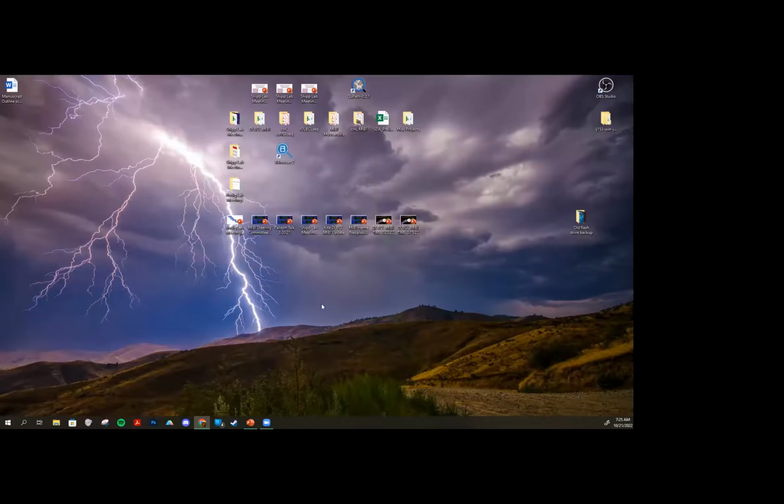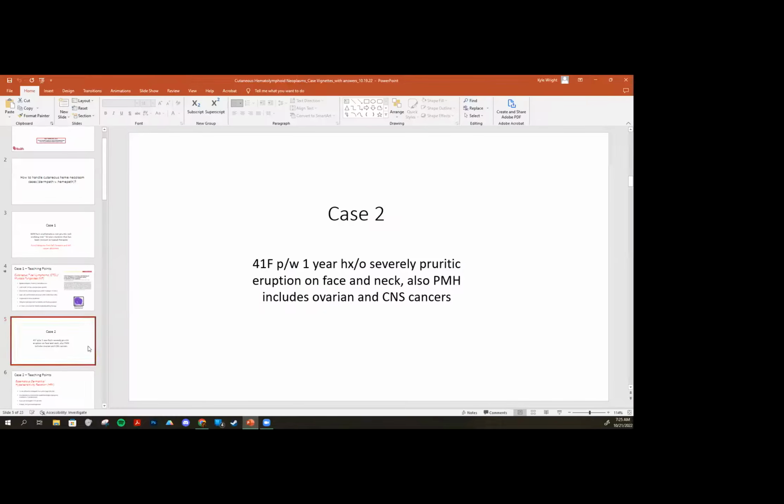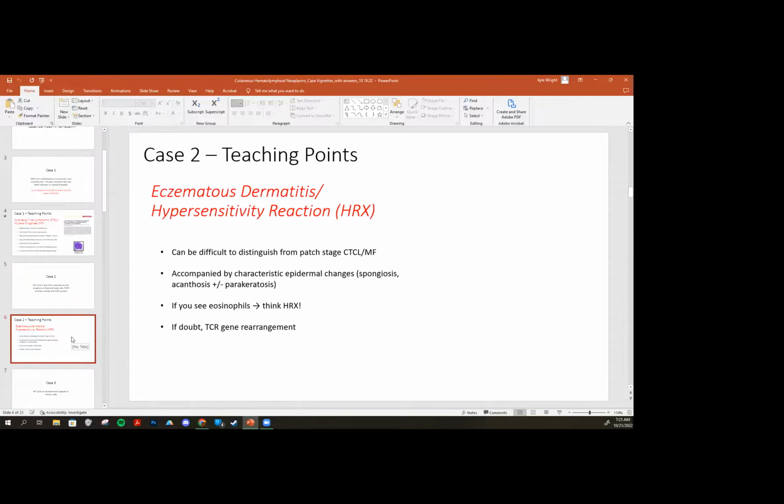And this is very much a classic case of eczematous dermatitis or on the spectrum of a hypersensitivity reaction. Oftentimes we're trying to differentiate, and I'm sure that Dr. McBride would agree here, the differential is early stage CTCL or mycosis fungoides in the patch stage versus some of these other inflammatory dermatoses that you see, of which there are a panoply. This being a very common one. And it can be difficult to distinguish at this early stage.